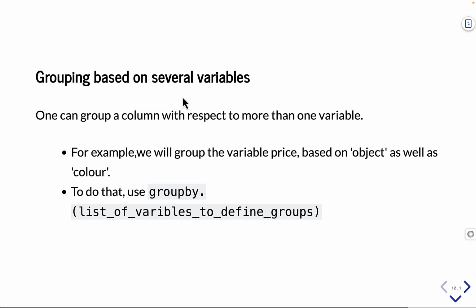We just grouped based on the object column, but turns out we can also group based on several categorical variables. To do that, we need to provide the list of categorical variables you want to use to define groups.